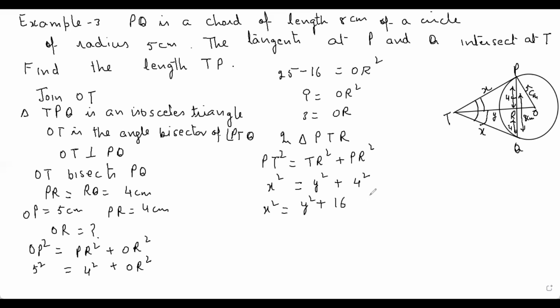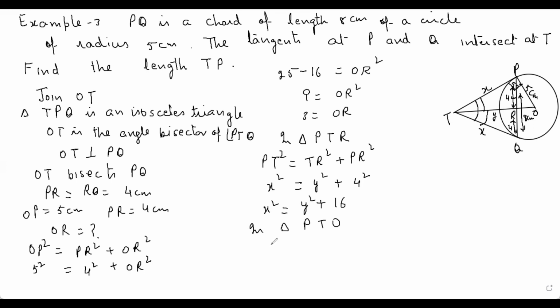Now if I take this bigger triangle PTO, in triangle PTO, this P is 90 degree, you know. Why? Because tangent is perpendicular to the radius of the circle at the point of contact. So this angle is 90 degree. It means OT is hypotenuse.